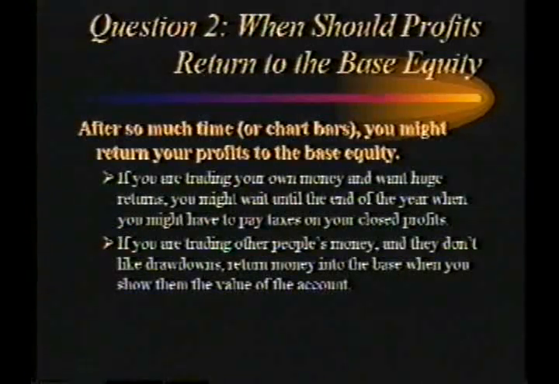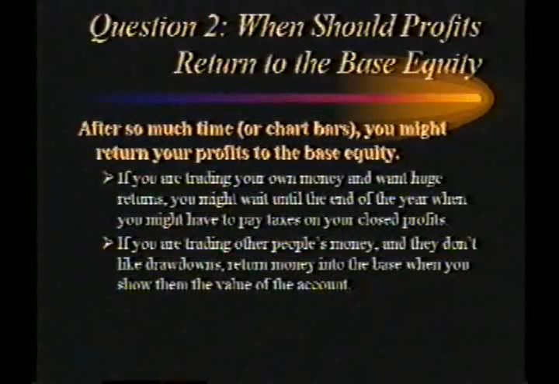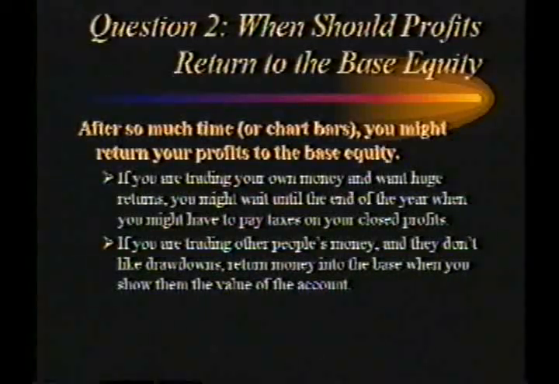If you're trading other people's money, you're a money manager, they don't like drawdowns, so if you show them a huge profit, even though it's open, they don't want to see it drop down. So at the point you report to them, you probably ought to consider the money base equity again. So those are just a couple of examples with time.